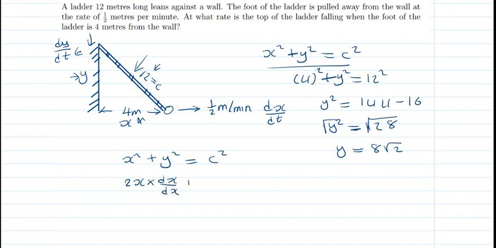Then plus, differentiating y with respect to time, we get 2y dy/dt. This will be equal to, since c is a constant, which is 12, the differentiation of 12 is 0.